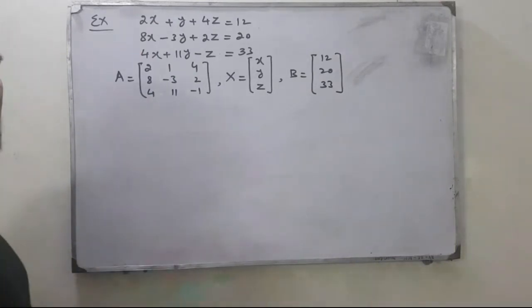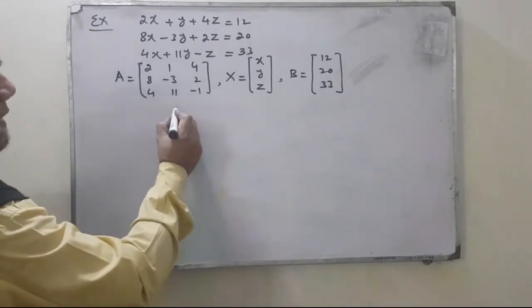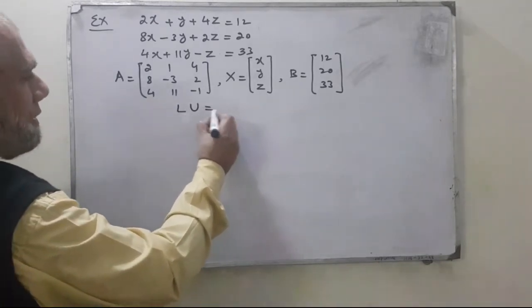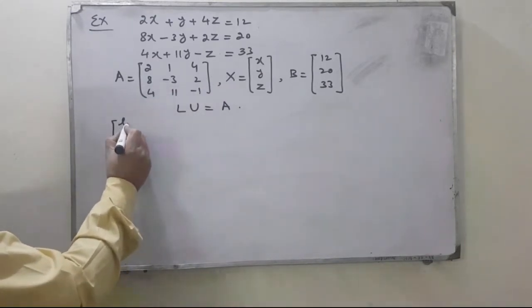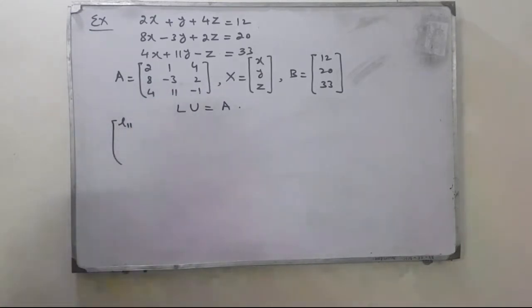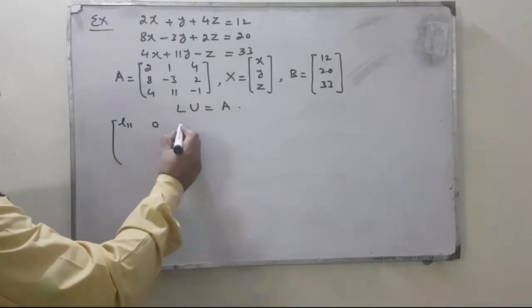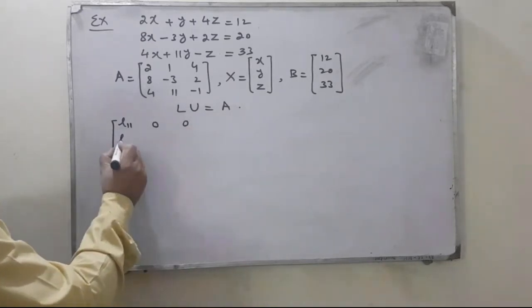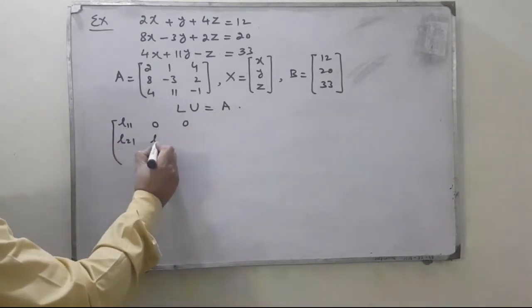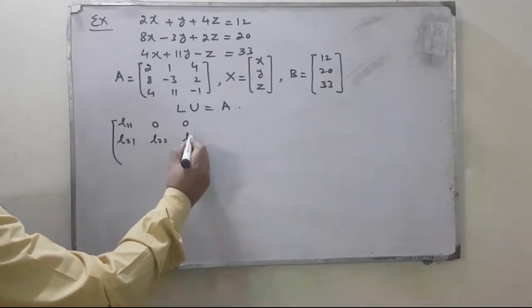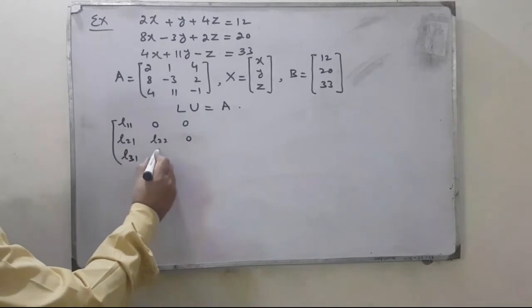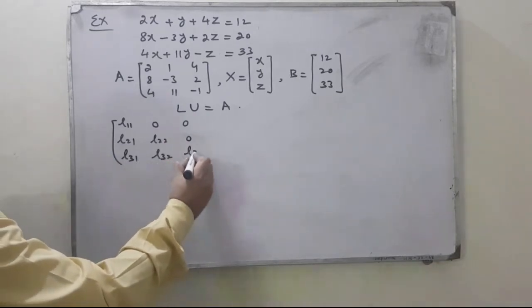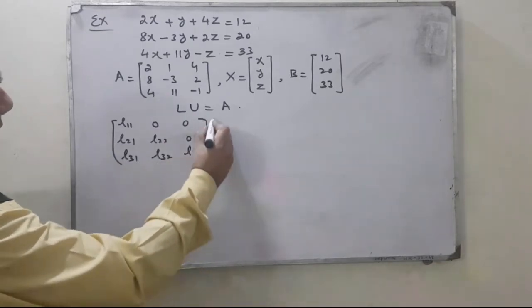The algorithm starts from finding L and U. So here we define LU is equal to A, where L is, as we already defined, the simple lower triangular matrix L21, L22, with 0 here, L31, L32, and L33.